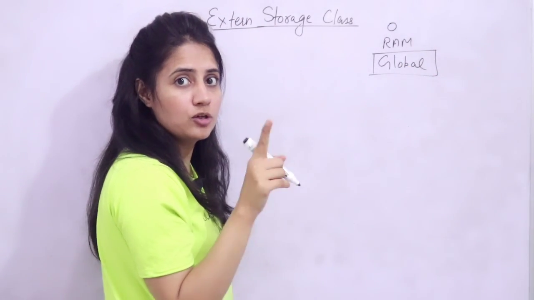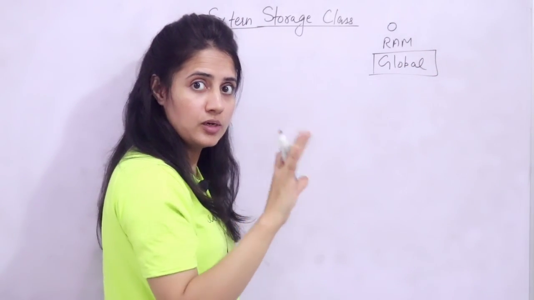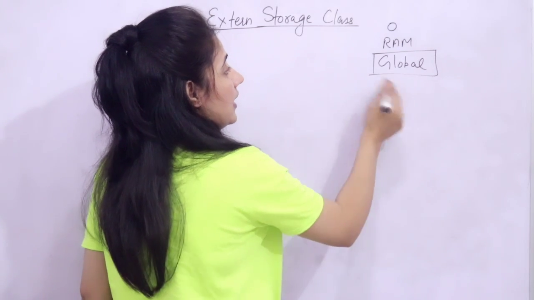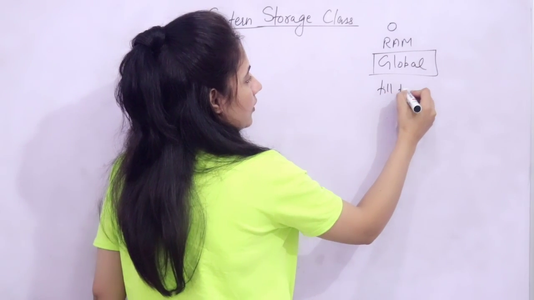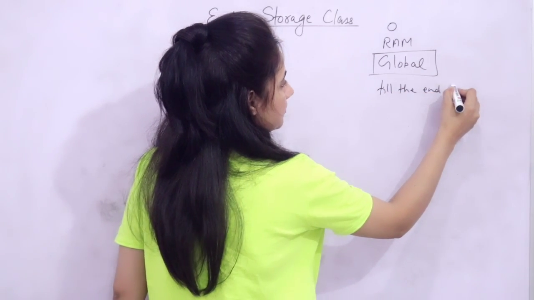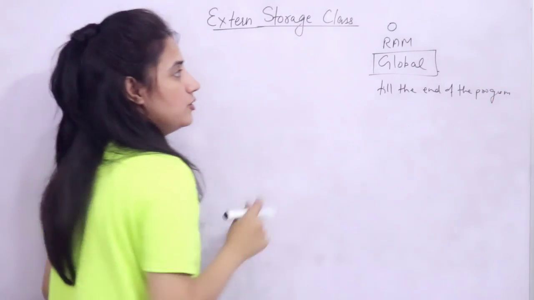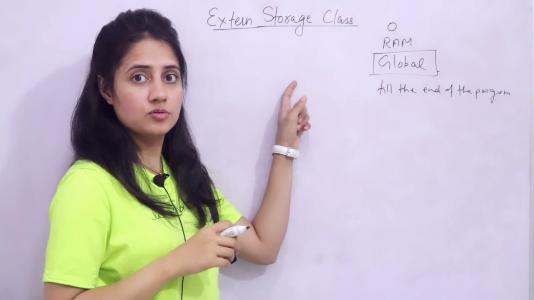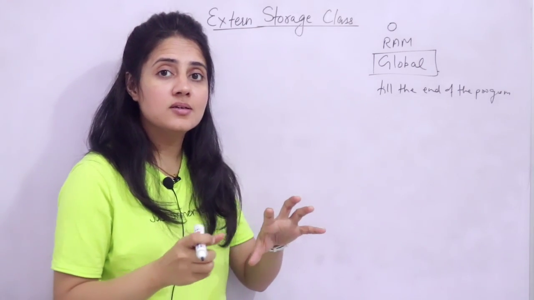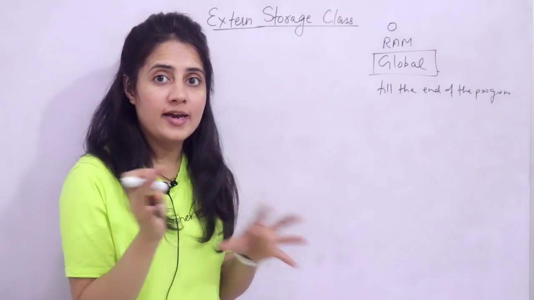What does that mean? I will show you with the help of a program. And lifetime is till the end of the program. Scope is global, so you can use this variable throughout the program as well as between 2 files also.